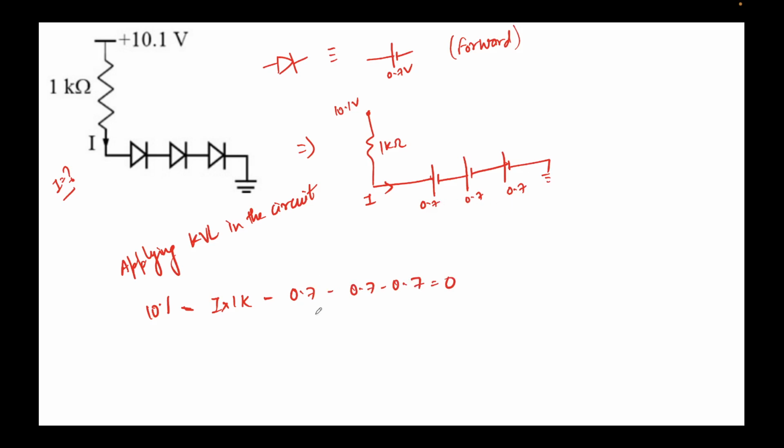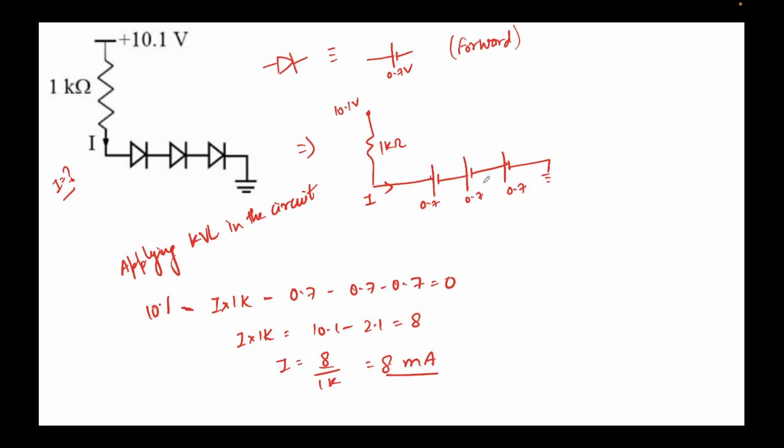All of these have been replicated there, and finally this is ground, so it is equal to 0. I'll take I into 1K to the other side, so I into 1K equals 10.1 minus, since 3 times 0.7 is 2.1, that's nothing but 8. So I will come out to be 8 over 1K, which is nothing but 8 milliamps.